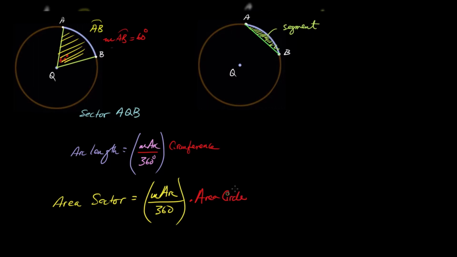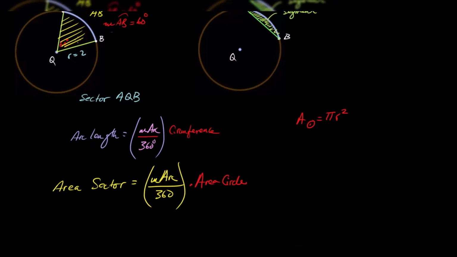Okay, and if you recall, area of a circle, of course, is pi r squared. So if this particular circle, as we had said previously, has a radius of 2, we can find the area of this particular sector by saying, well, the area of this circle is pi r squared.